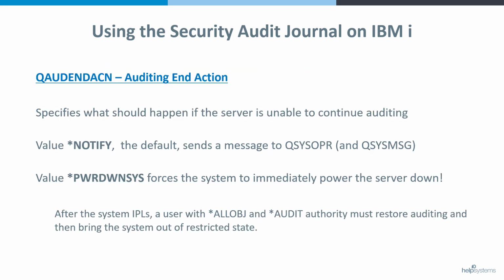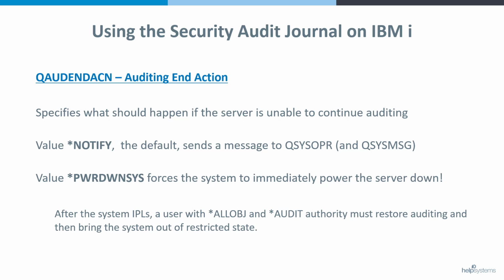And the other one is the auditing end action. This tells the operating system what should happen if the server, for some reason, is unable to perform that auditing task. The default value of *notify simply sends a message to the QSysOper message queue and QSysMessage, if you have one, telling it that the auditing function has been suspended.